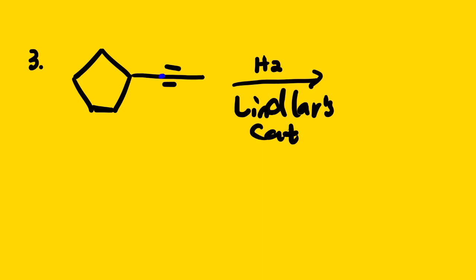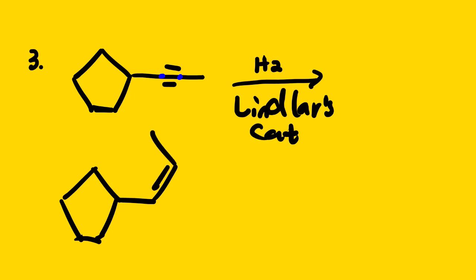So the carbons which are involved in the double bond are here. So we can just rewrite the ring, and then we are going to have a cis. It's your choice. You can draw it this way or this way, and this is the double bond. Remember that your hydrogens will be here.